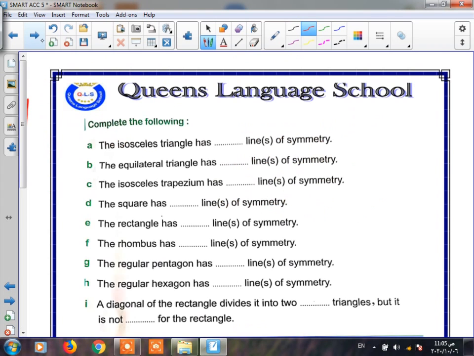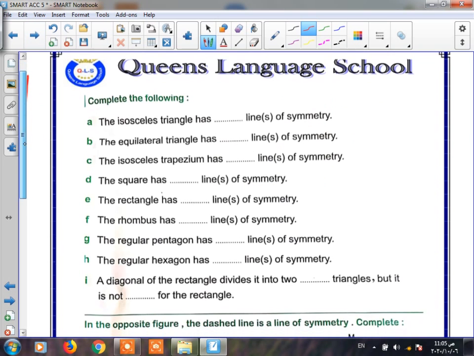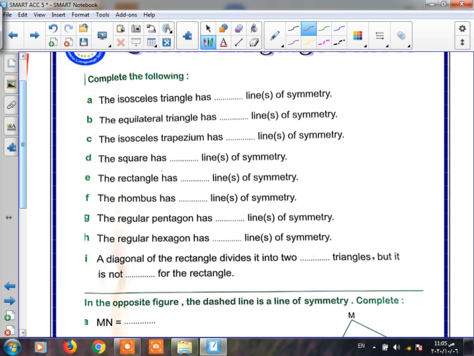Let's now solve the complete. The isosceles triangle has how many lines of symmetry? We said before, any isosceles has 1. Equilateral triangle has 3 lines of symmetry. Isosceles trapezium, again, any isosceles has 1, square has 4, rectangle and rhombus has 2.